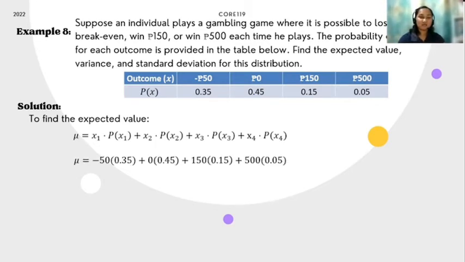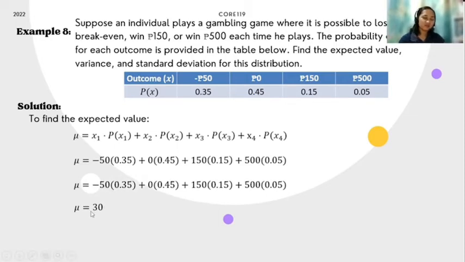We'll have negative 50 times 0.035, plus 0 times 0.45, plus 150 times 0.15, plus 500 times 0.05. This will be equal to 30. So the mean, or the expected value of the probability distribution, is 30 pesos.